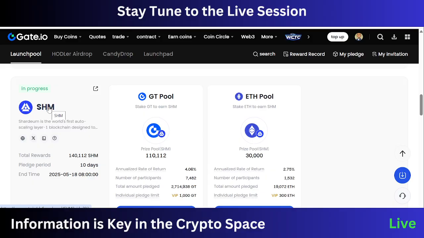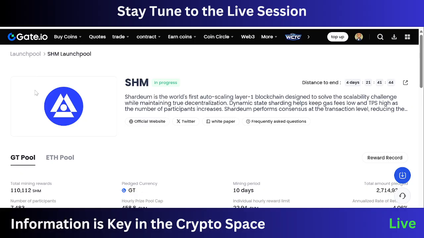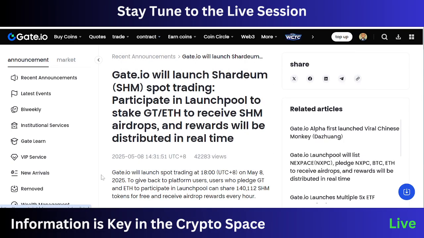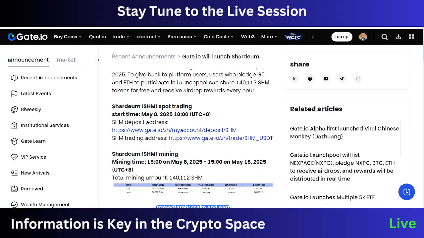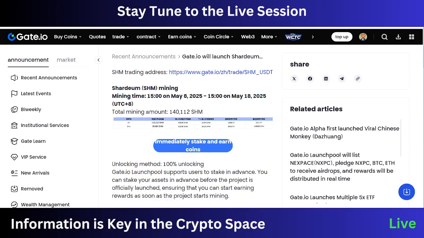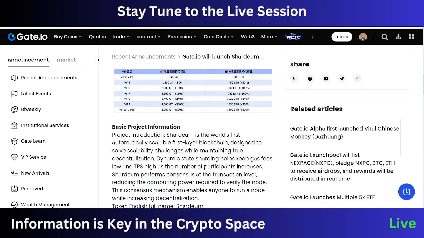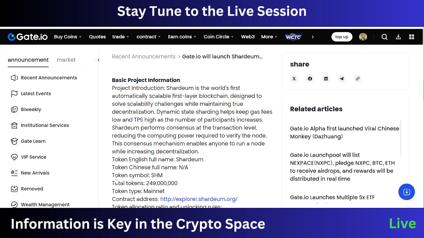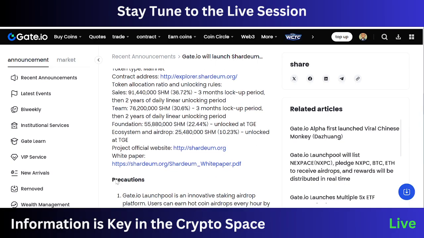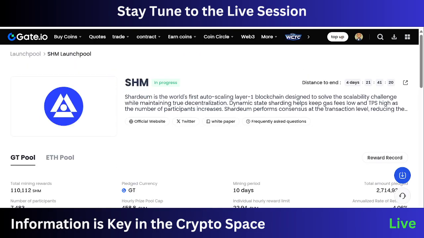Shardeum is one of the Launchpool tokens, which is the SHM, and we'll be looking into everything we need to understand about this project, all that needs to be looked into about the SHM project.